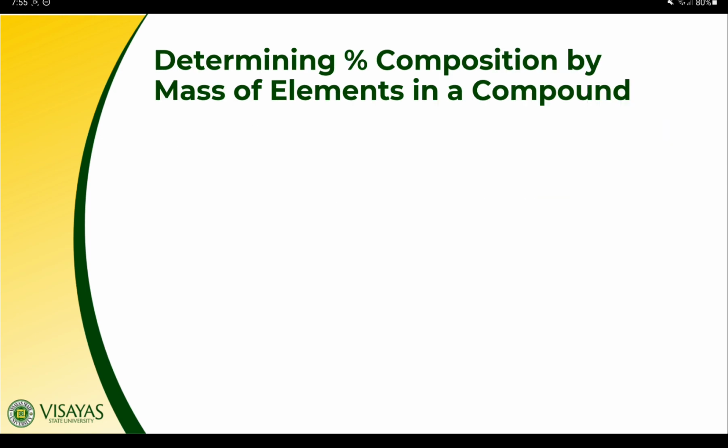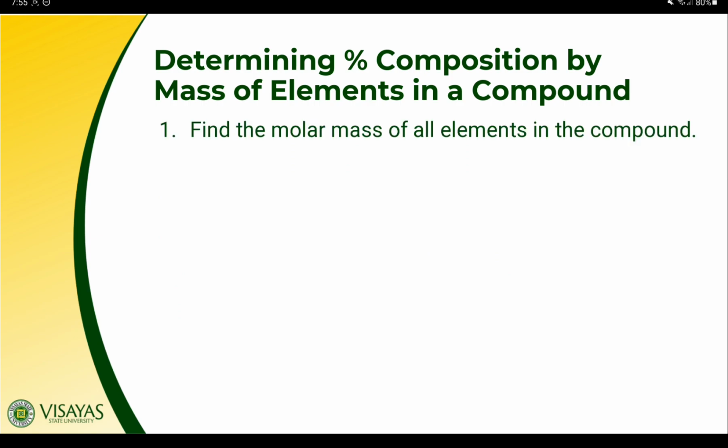So how do we determine the percent composition by mass of elements in a compound? First, we find the molar mass of all elements in the compound, and then we find the molar mass of the compound. In the first step, we get the molar mass of the elements from the periodic table of elements. Now, if there are subscripts other than 1 for an element in the compound, we multiply the molar mass of the element by the number of subscripts in the compound.